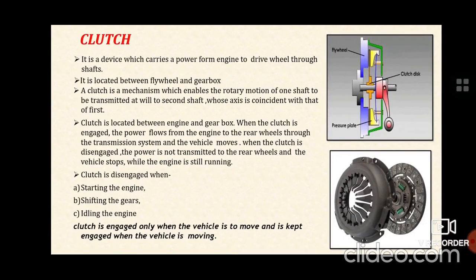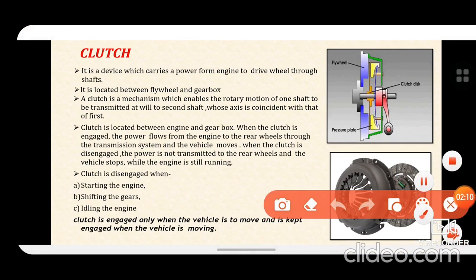Then a clutch is a mechanism which enables the rotary motion of one shaft to be transmitted at will to a second shaft, whose axis is coincident with that of the first. Clutch is located between engine and the gearbox.